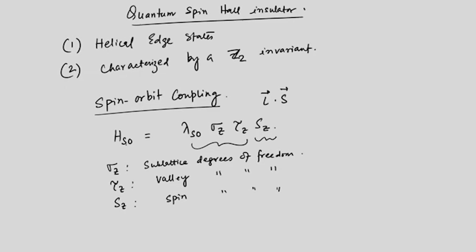So, why does this term respect time reversal symmetry? It respects time reversal symmetry because under time reversal, tau z changes sign, that is, one is taken from the K valley to the K prime valley, or K Dirac point to the K prime Dirac point.